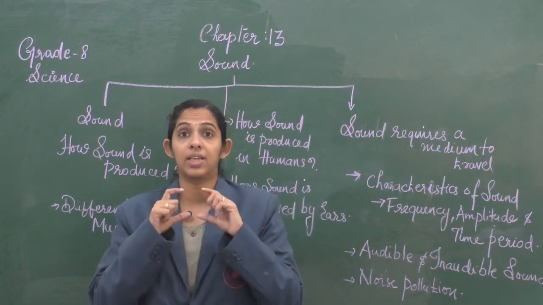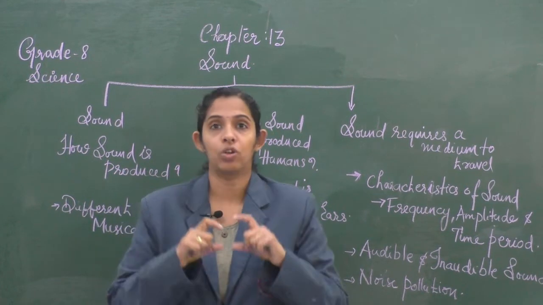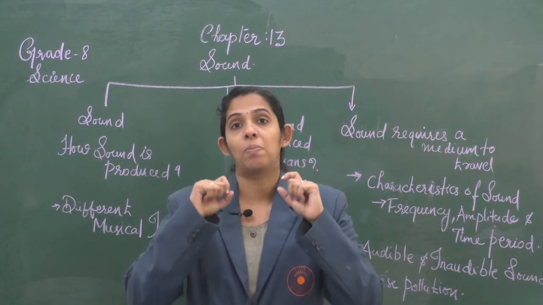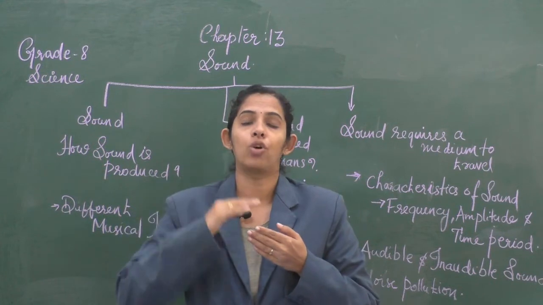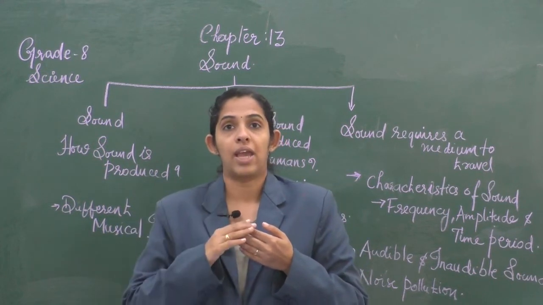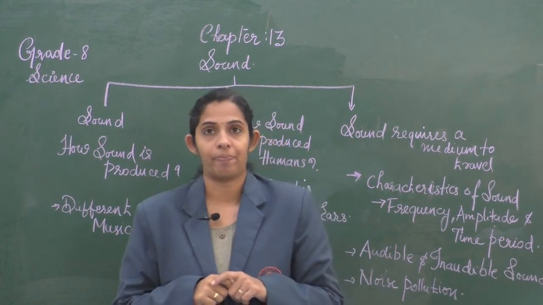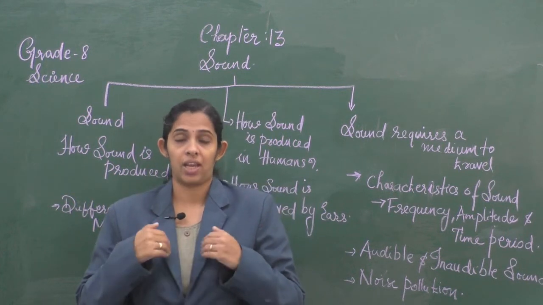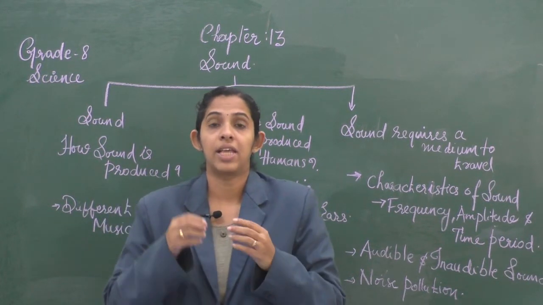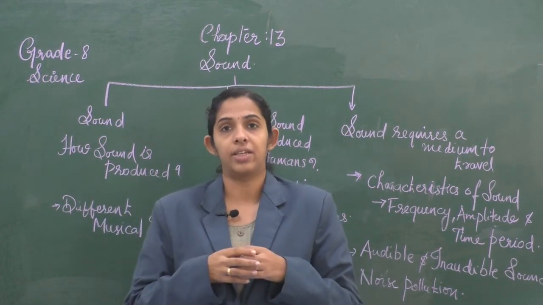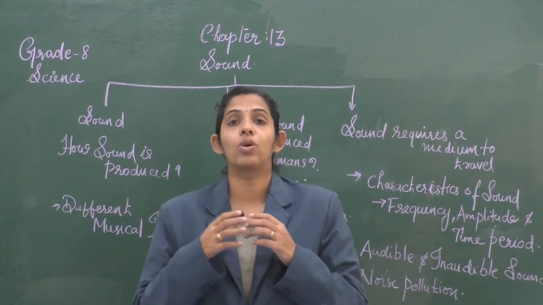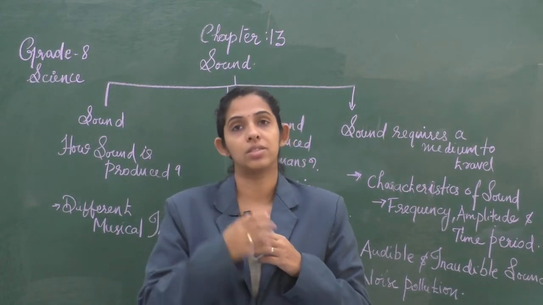This voice box consists of two vocal cords. They are stretched membranes across your voice box, and there is a slit in the middle of it. So when we inhale or exhale, the air passes through the slit and causes the vocal cords to vibrate to produce sound.